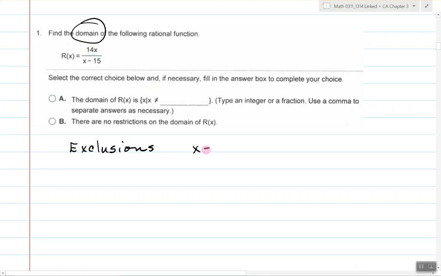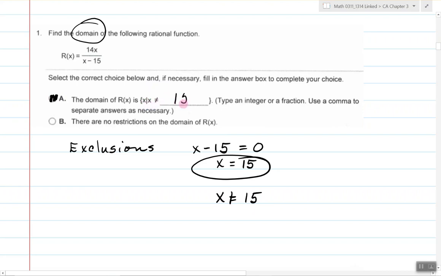You take x minus 15, set it equal to 0, solve, x is positive 15, and that is the exclusion. We would usually write it in a more negative sense and say x cannot equal 15. So we will choose A, and it says it is the set of all x's such that x cannot equal, and we will simply type in 15.